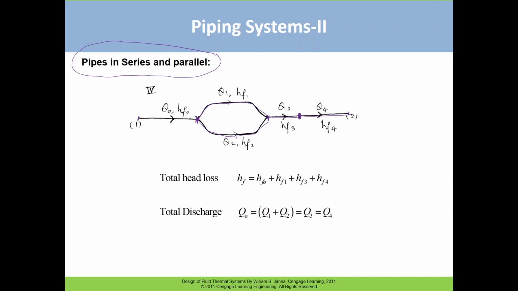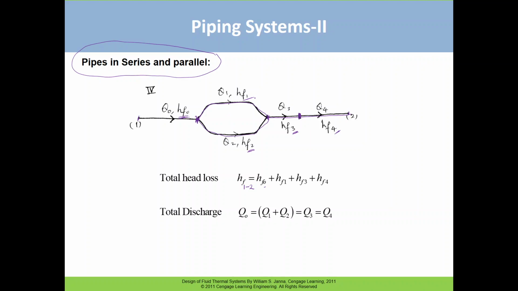If we want to find the net head loss, the head loss in this pipe is HF0, in this pipe HF1, in this pipe HF2, and in these pipes HF3. So the net head loss from point 1 to 2 equals the head loss in this pipe plus any one of these two.